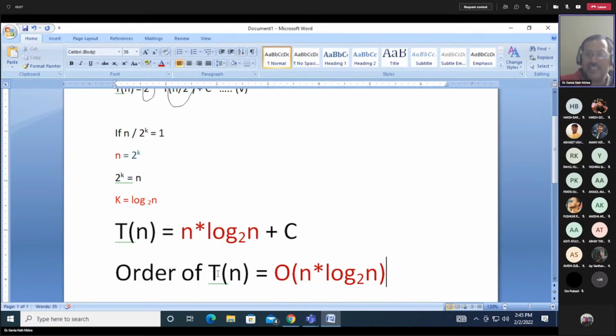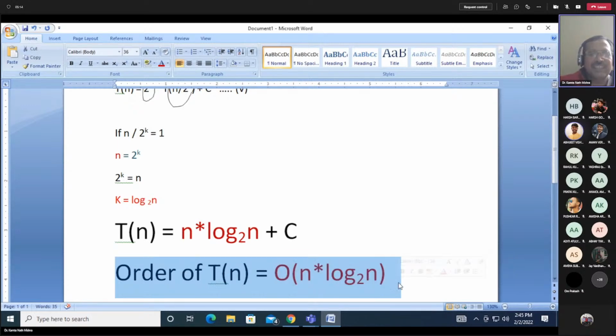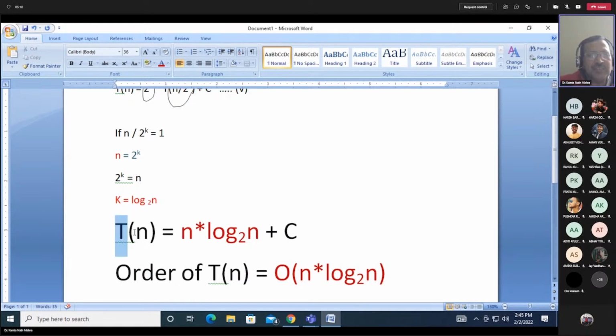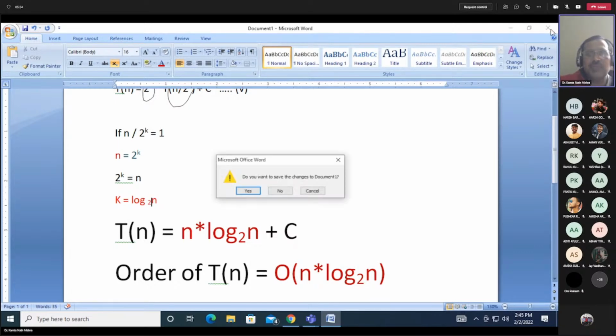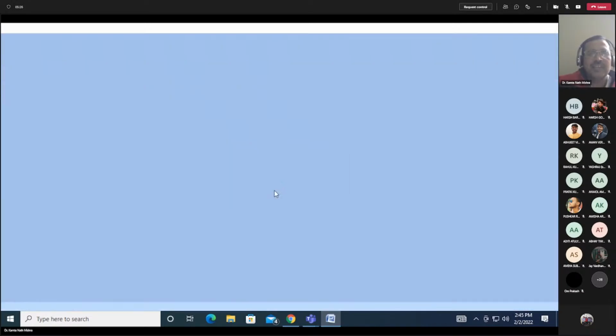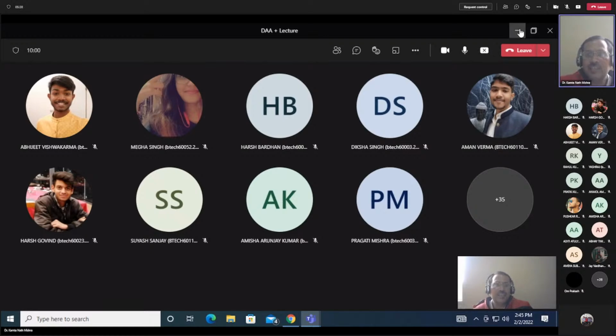The second method was the constructing tree method. And the third method was Master's theorem. The constructing tree method I will discuss later, but let's first complete the Master's theorem method.